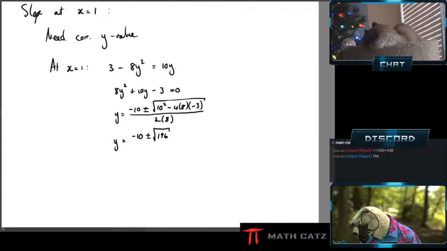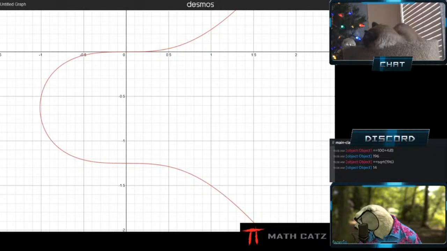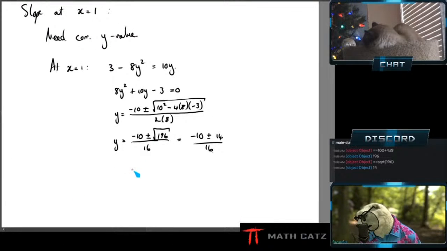Square root of 196 is 14. Oops, sorry, the denominator is 16. So that is negative 10 plus or minus 14 over 16. Oh, that's nice and convenient. I just randomly picked this one. Wow, it's nice. Good job, me.